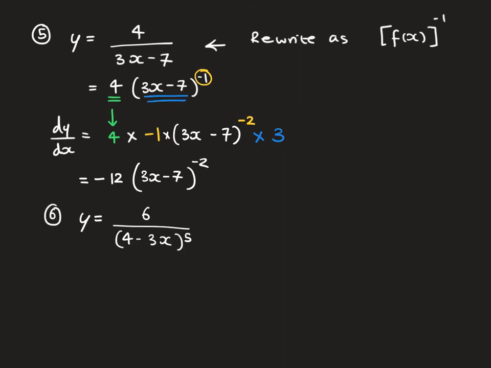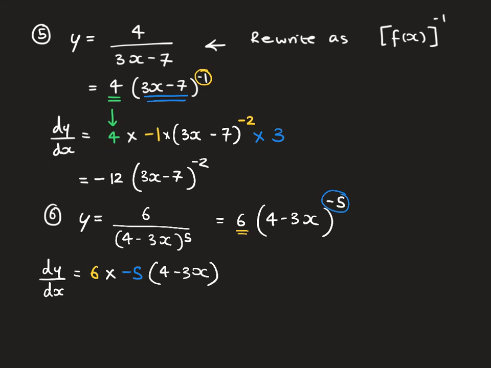Question 6, have a look at it. How would you rewrite this function? Well, I think I would want to rewrite it as 6 bracket 4 minus 3x to the power of negative 5. So we want to rewrite this so we can see the power clearly. So dy by dx, well, this 6 here at the start will just be part of the answer, a multiple. We need to multiply by our power, which is negative 5.